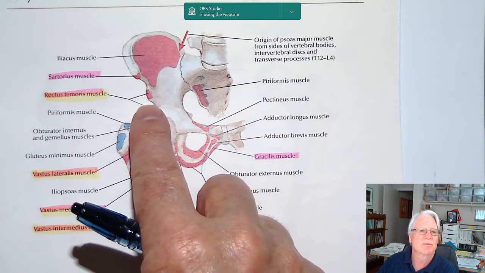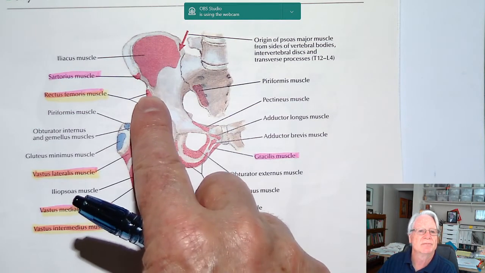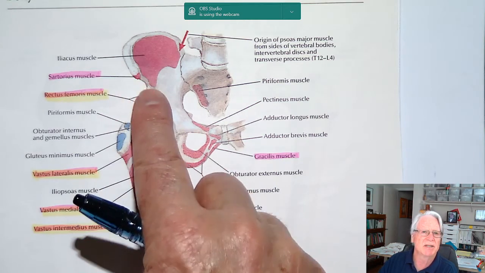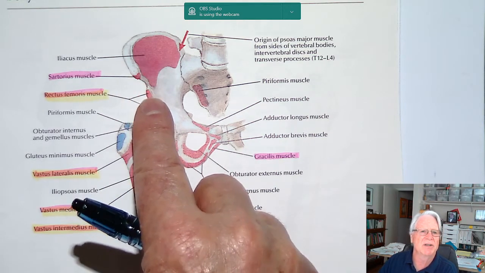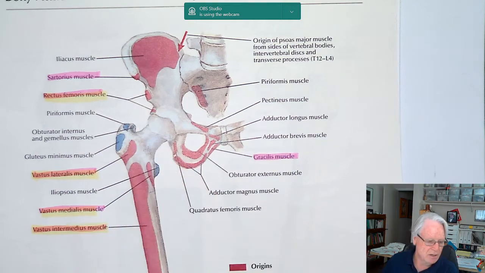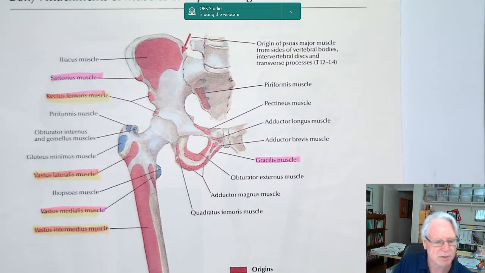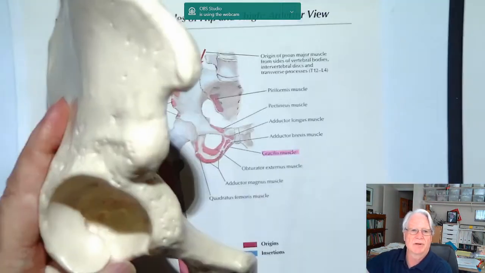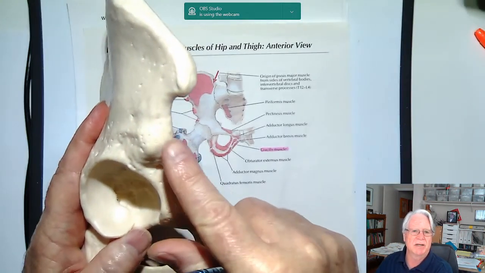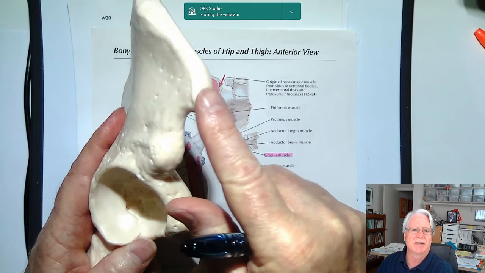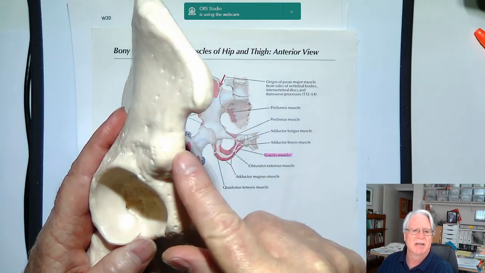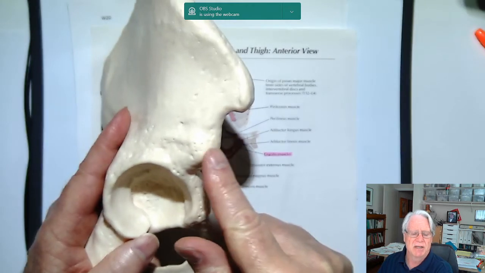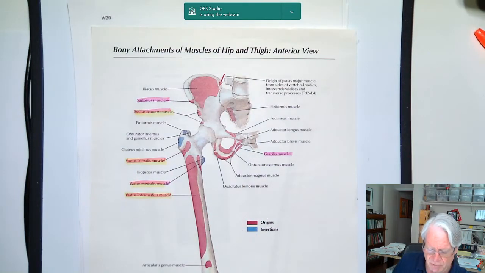So rectus femoris here. Okay, so anterior superior iliac spine, anterior inferior iliac spine right there. So if we're looking at the hip bone, if you recall, that's it right there. This is the anterior superior iliac spine. That's the anterior inferior iliac spine. It's coming off of that location right there.